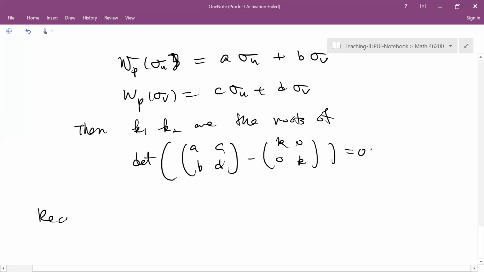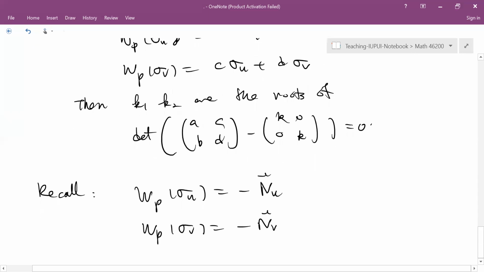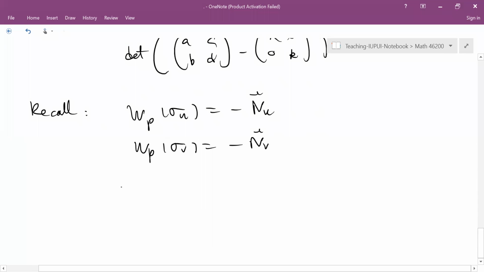Recall that this is negative n_u, the partial derivative of the normal vector, and this is negative n_v. So you are going to use this to find A, B, C, D.